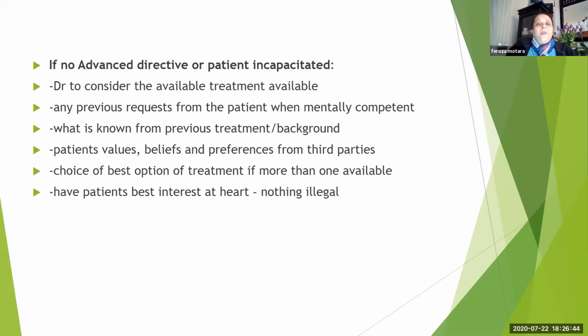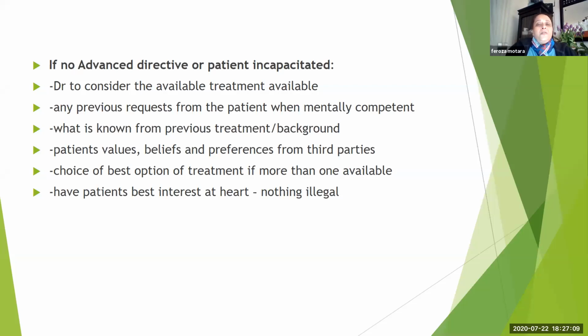So if a family member comes in and says, my dad said that he does not want to be put on any kind of advanced life support, and there are people that can corroborate that information, that does play a role. What is known from previous treatments or background? Has some kind of discussion happened with a GP or a healthcare worker previously?